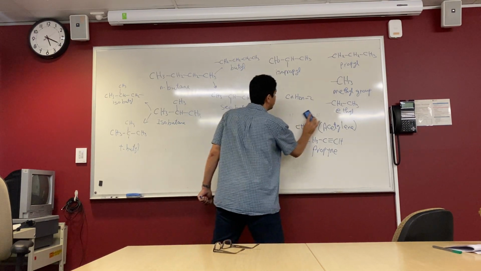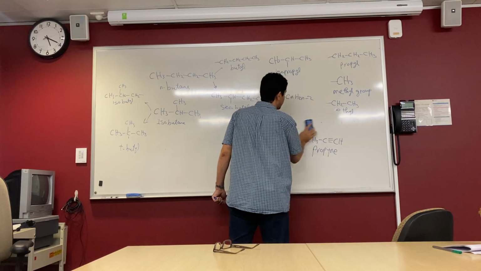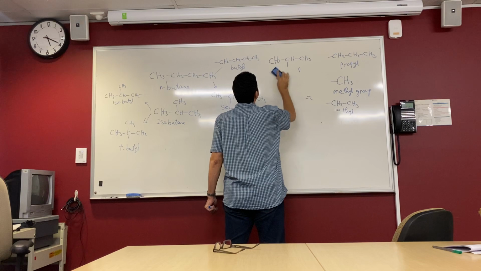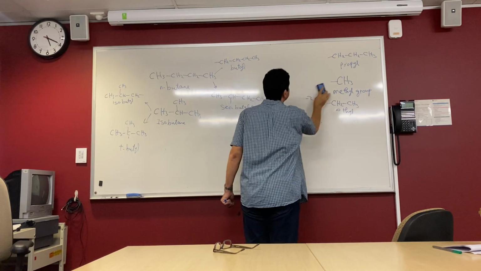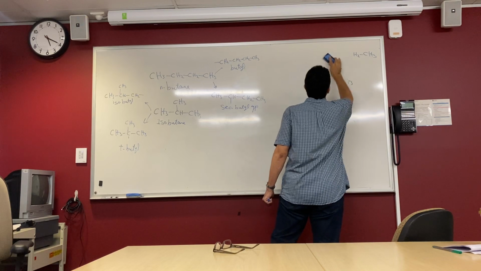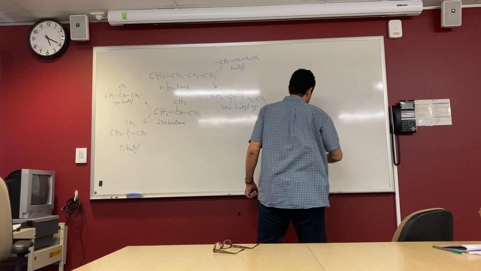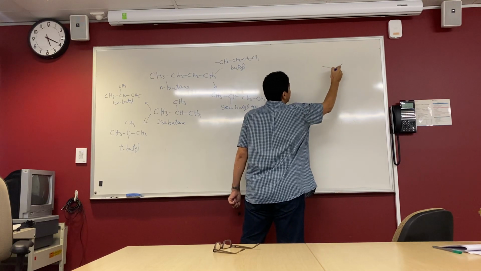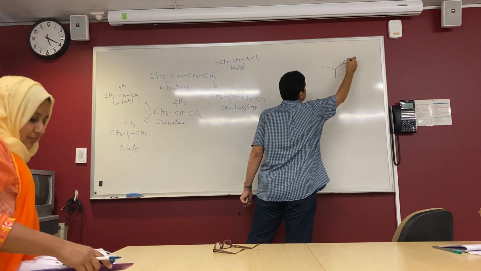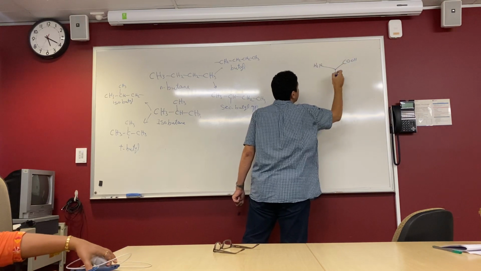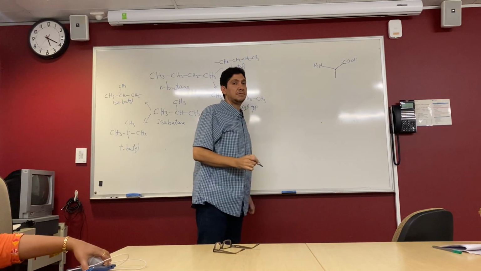You know the structure of leucine, isoleucine, and valine, right? Look, all of the amino acids must have carboxylic group, NH2, and side chain.